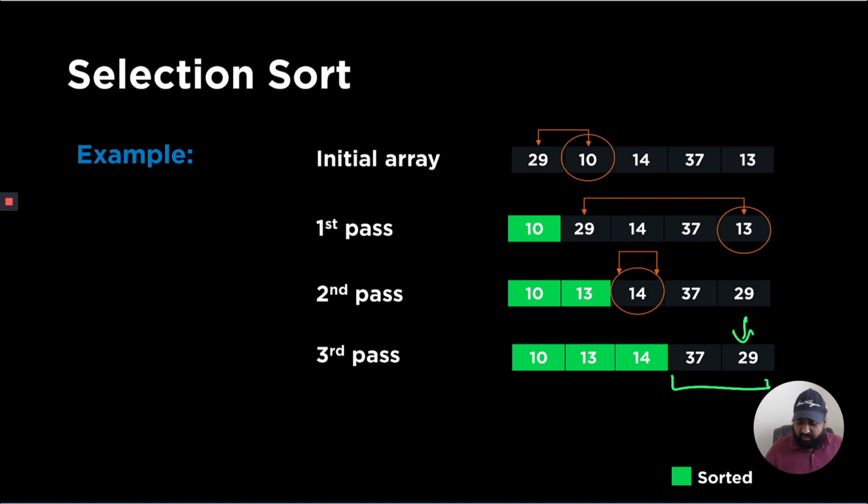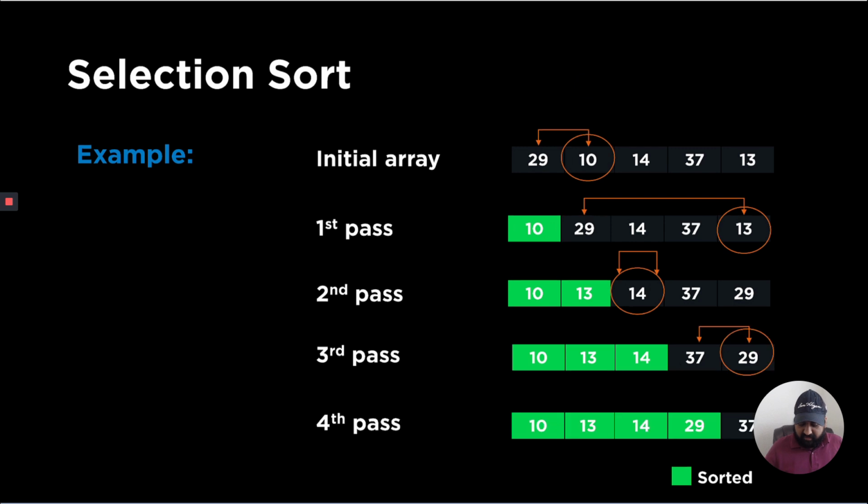This time 29 is our minimum, so we are going to swap it with 37. At the end of the fourth pass, which is because if we have 5 elements there are going to be 4 passes, we don't need the last pass because that last number will automatically be sorted by default. So that's how selection sort generally works.